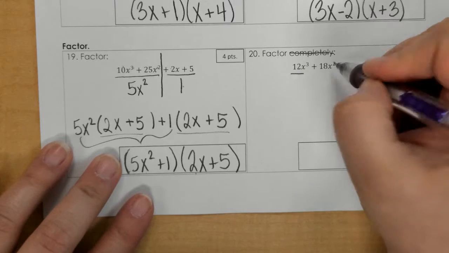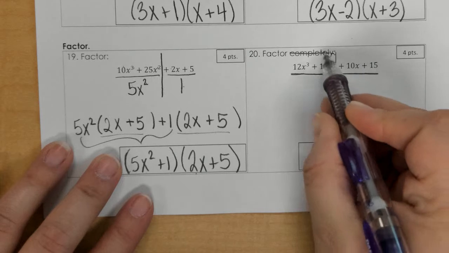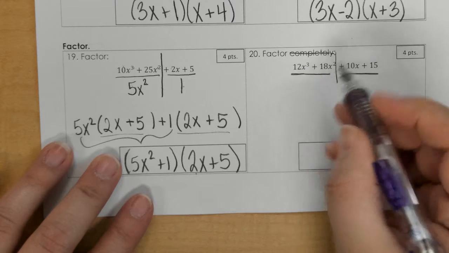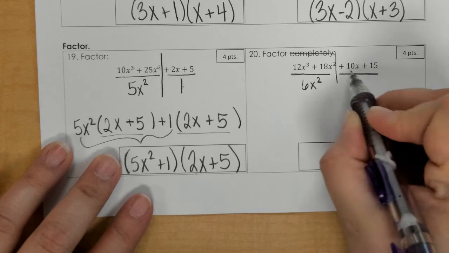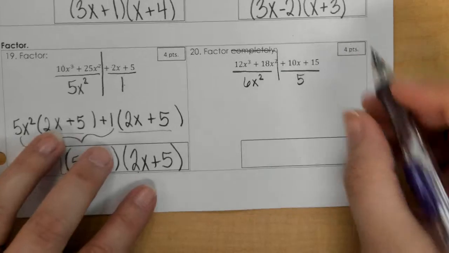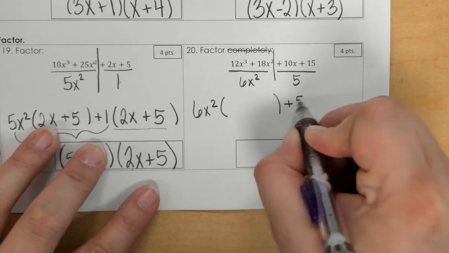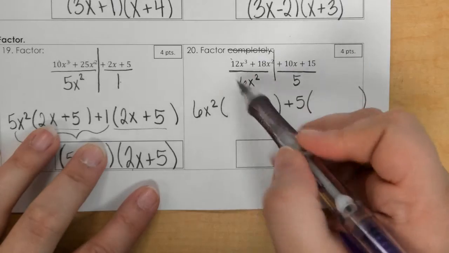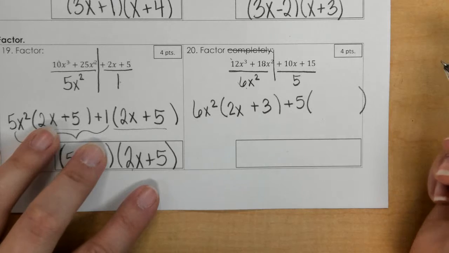So here, cut it in half. What's the GCF here? It is 6x squared. Here, what's my GCF? It is 5. Alright, so if I go ahead and take 6x squared out, I would get 2x plus 3.